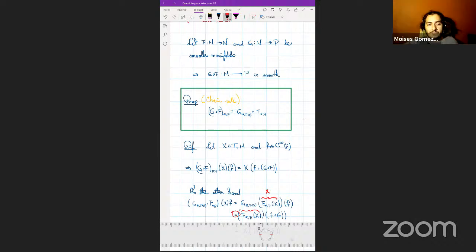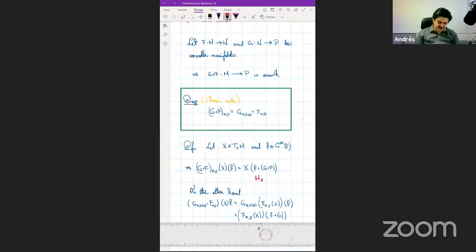Can you repeat it again, please? Right, so this equality, I'm just going to apply the definition of the differential. So let me write it here with some other function H lower star.